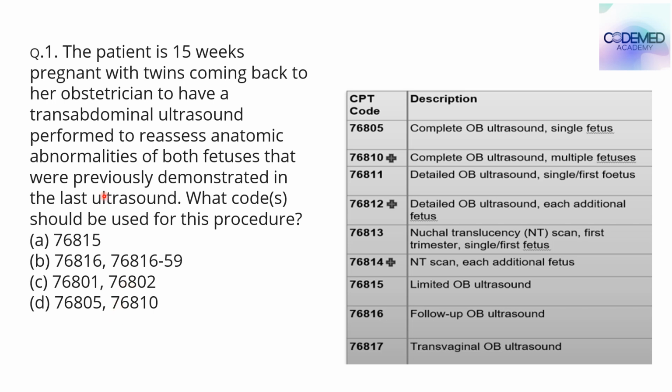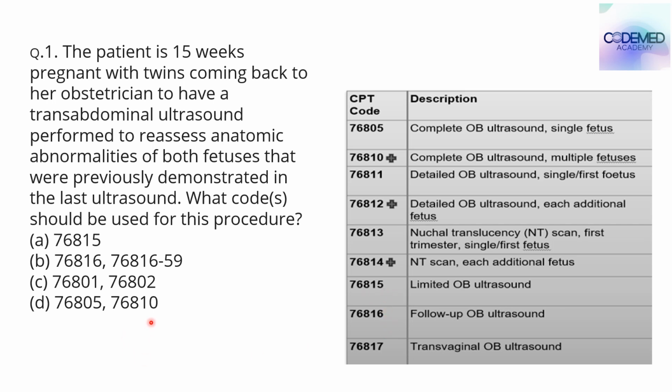Now we are left with A, B and D. What has happened is, the patient already had one ultrasound and she is coming back to her obstetrician to have a transabdominal ultrasound performed to reassess the anatomical abnormalities. So if you look at the codes, we might use 76815 or 76816.